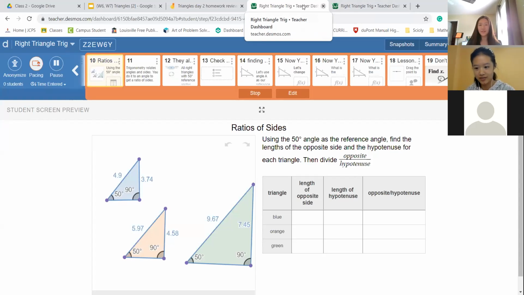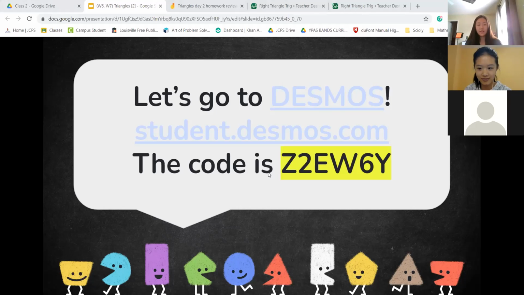I'll put this in the chat: Z2EW6Y. You're gonna go to student.desmos.com and it's gonna prompt you for the code, and you're just gonna put that in.